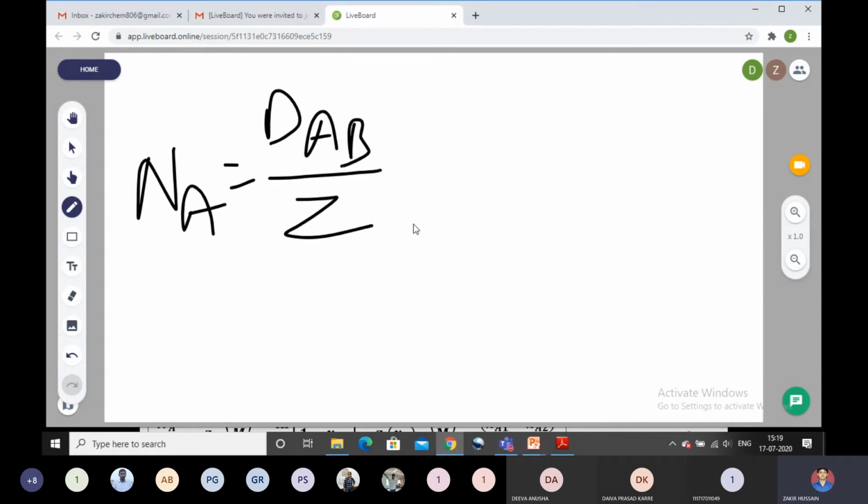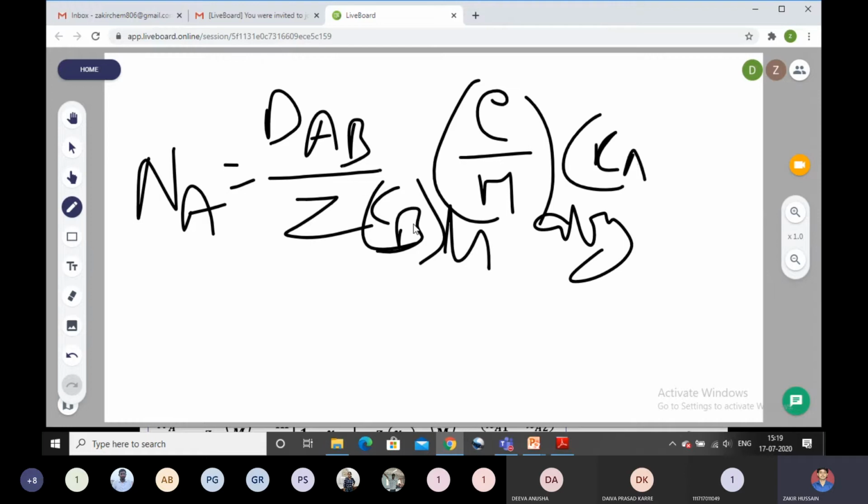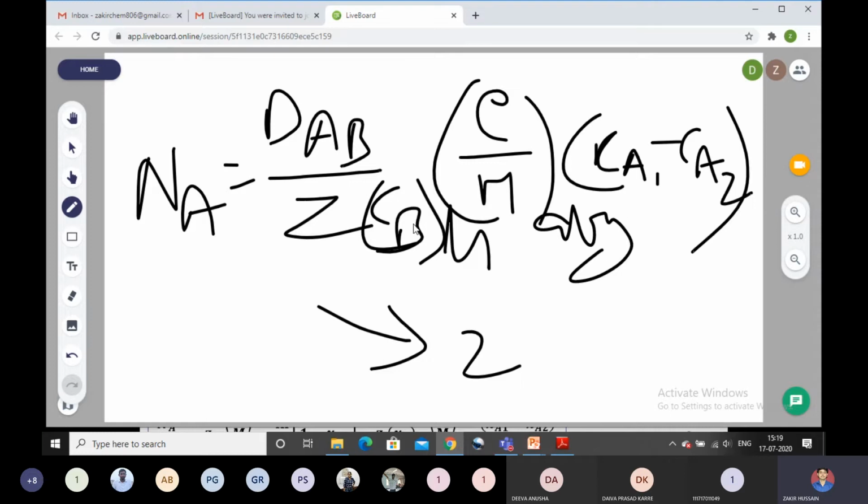So next we get NA is equal to DAB by Z into CBln, and in place of C we substitute rho by M average, into CA1 minus CA2. We consider this as equation number 26.